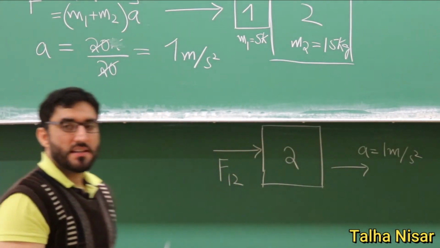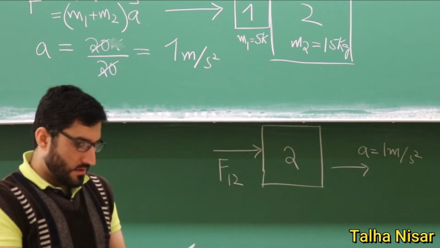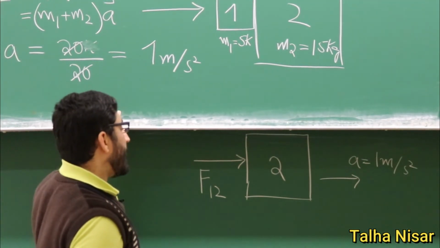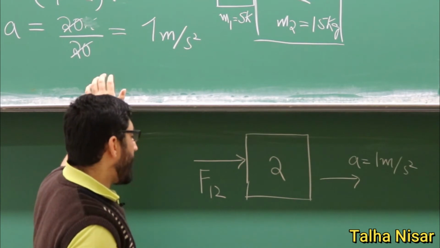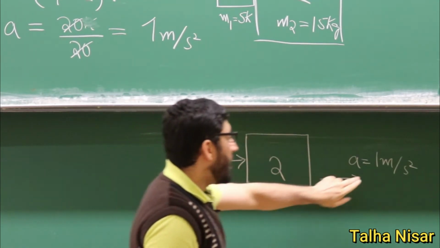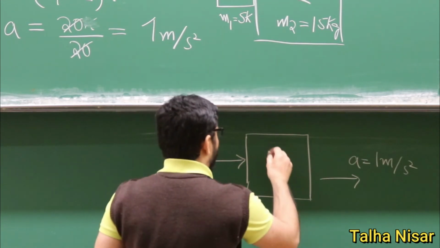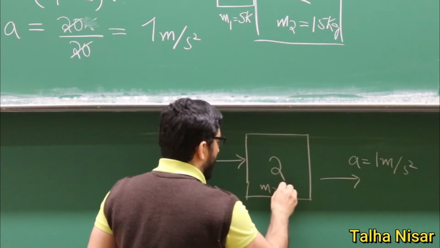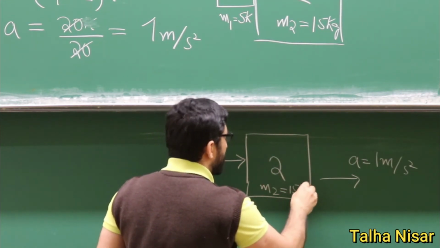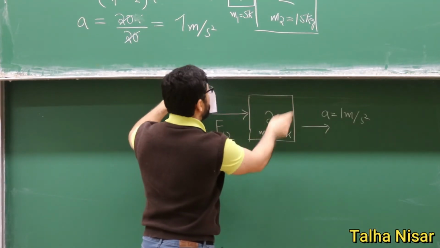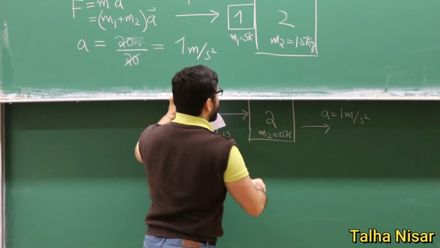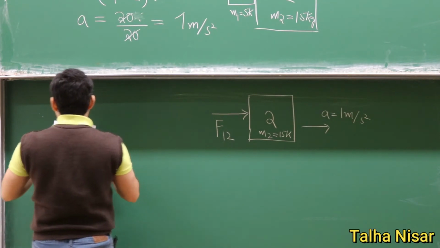We just calculated that acceleration. Now we have the mass and we have the acceleration. The mass of this object, M2, is 15 kgs. So we can use the second law here.